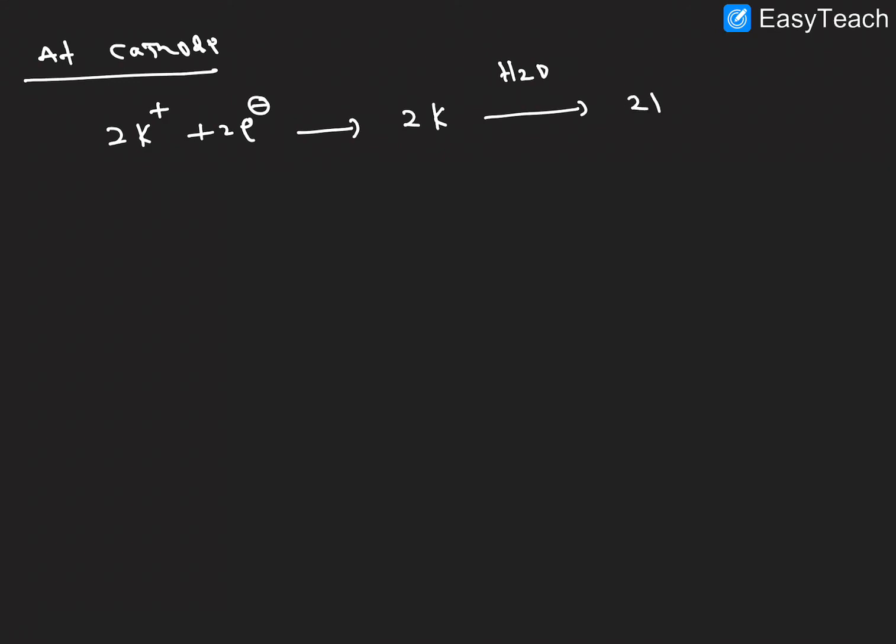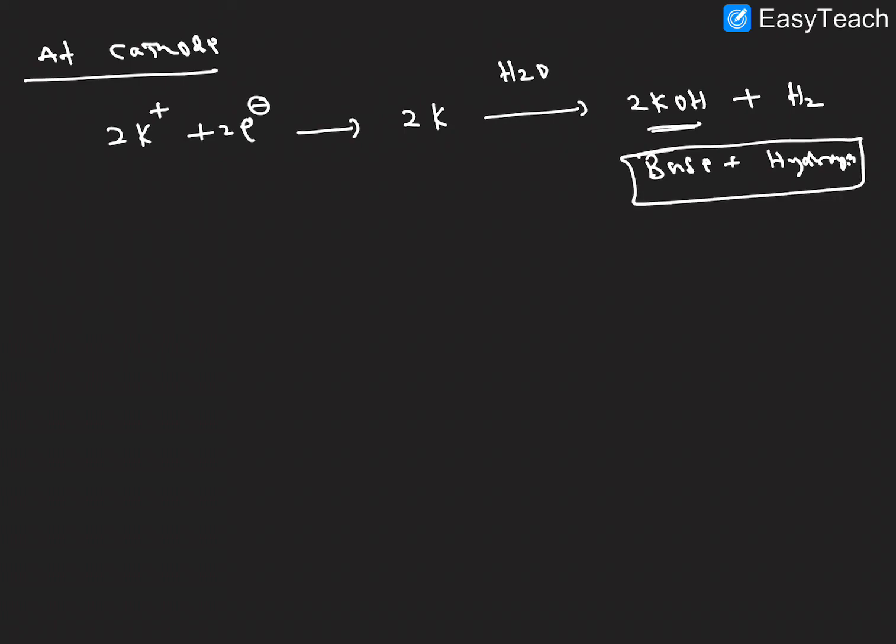After it is dissolved in water, what will we get here? 2 KOH, plus hydrogen gas. At the cathode, the base is formed, and hydrogen gas we are getting. Hydrogen gas is formed here, right?